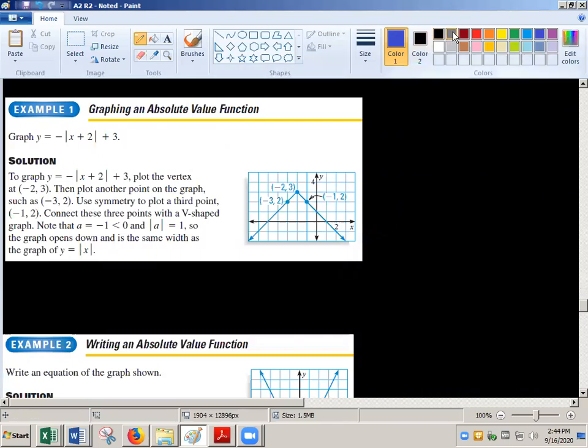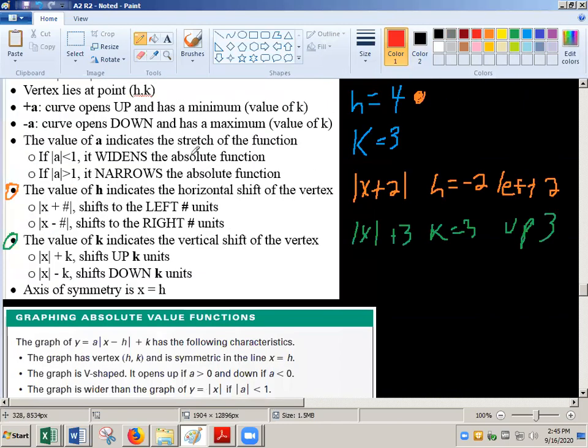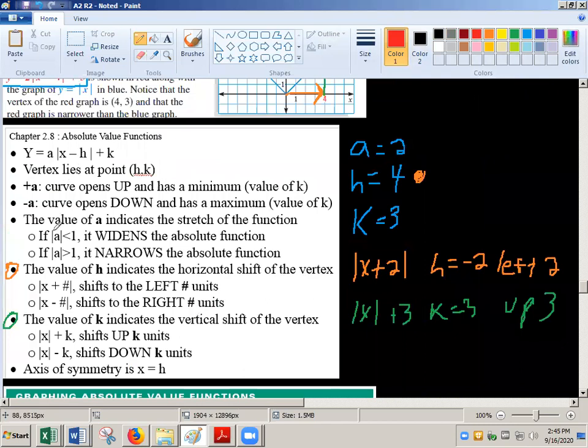Here we have a graph an absolute value function problem. So here we notice our A value is -1. That means this thing is going to open down, and it has no stretch. So since the value is 1, when we look at the notes up here, the A value, it's the absolute value of this thing.